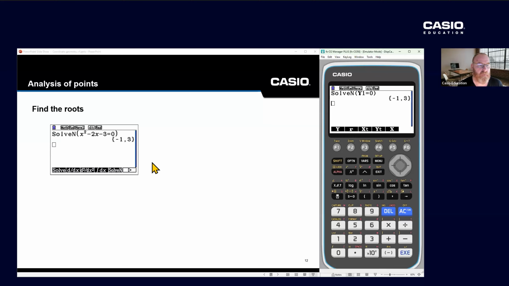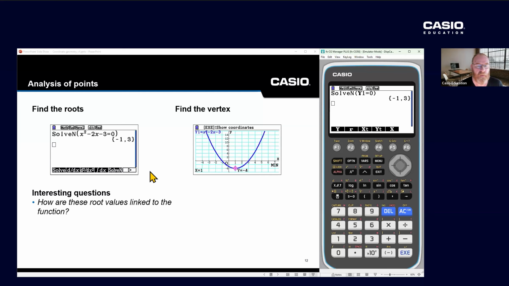So that's quite nice as well. So you make the link between the graph and the algebraic method, shall we say. So then you ask questions along the lines of how are the root values linked to the function, and what does -1 and 3 actually mean to our function, which is a link to factorization, perhaps.